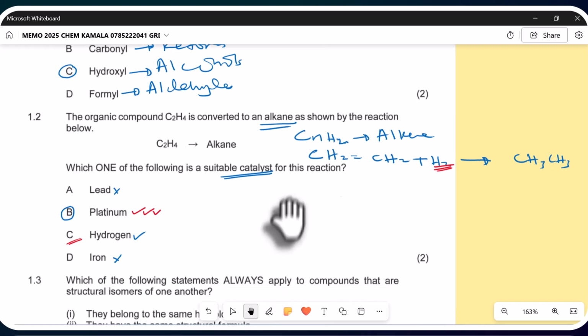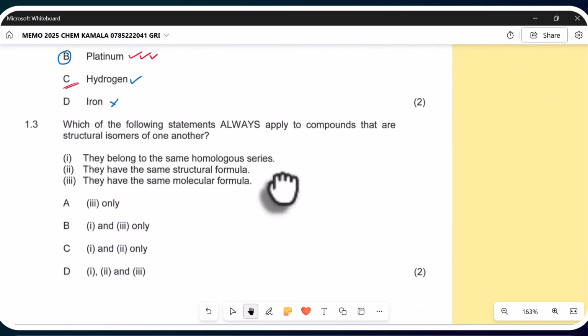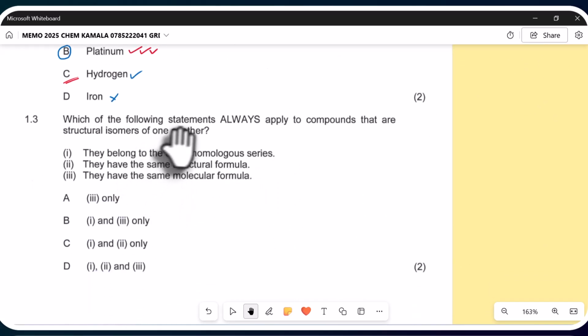1.3. Which of the following statements always apply to compounds that are structural isomers of one another? Now, what are structural isomers? Structural isomers are organic molecules which have the same molecular formula but different structural formulae. They say they belong to the same homologous series. This one is not correct because some structural isomers are not of the same homologous series.